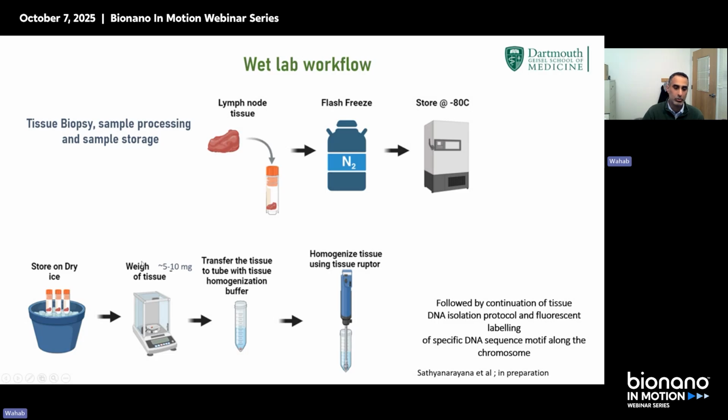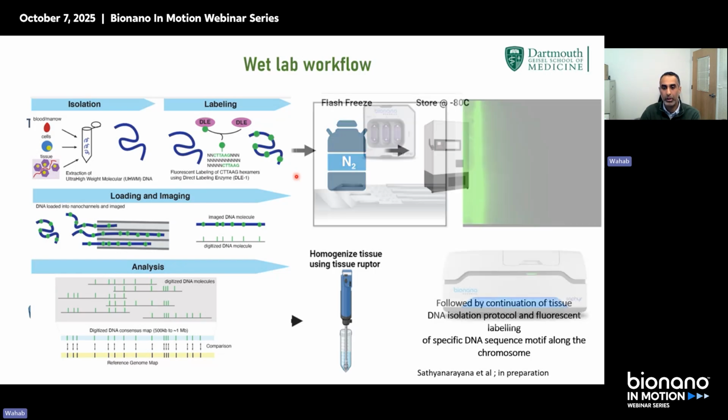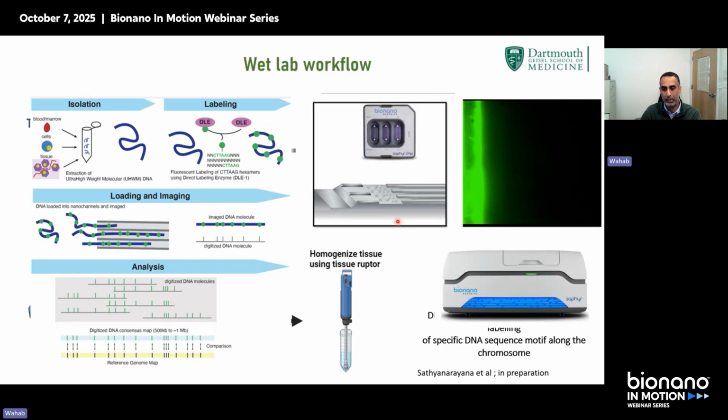In our hands, we noted that about 5 to 10 milligrams of starting tissue would be sufficient for extraction, and then we would homogenize that tissue using a tissue ruptor, and then follow through with a tissue DNA isolation protocol, which is slightly different than the bone marrow and the blood-based protocols, but then the downstream labeling is still the DLE enzyme-based labeling, and then scanning on the Sapphire.